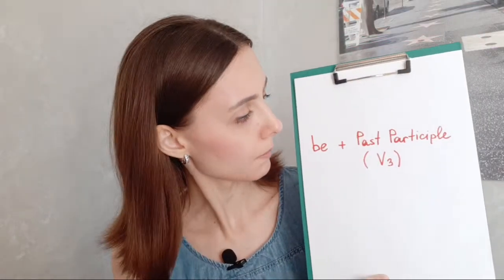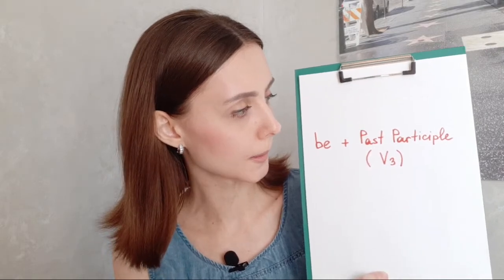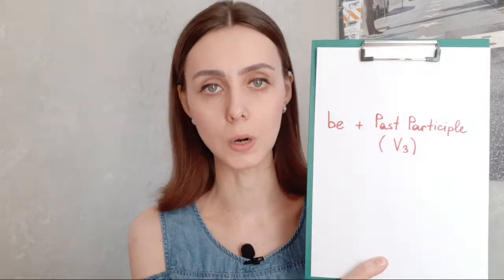And now we're going to take a look at how to make passive, and we're going to practice together. So, I have written down a formula for you. And here it is. So the formula is be plus past participle, or the verb in the third form.